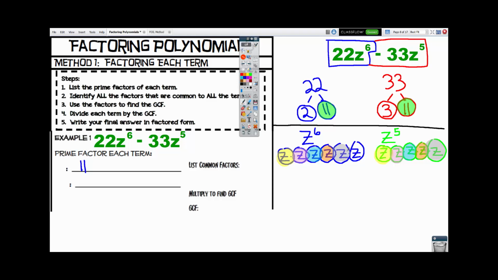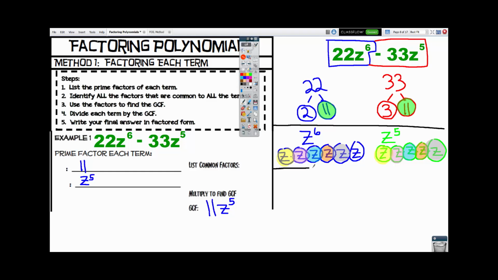So 1, 2, 3, 4, 5. So we are going to be able to factor out z to the power of 5, and we will multiply them together in order to find the greatest common factor. So 11 times z to the power of 5 is going to be 11z to the power of 5. So that's the greatest common factor.